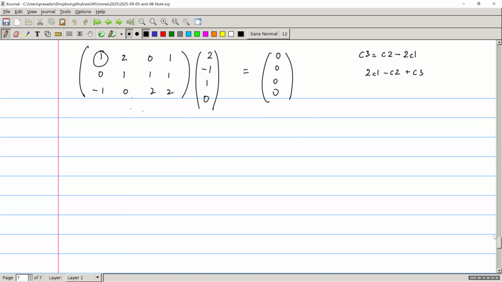So good. Let's look at a simple elimination algorithm.